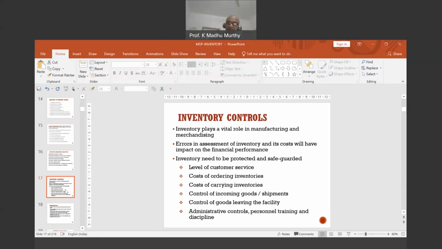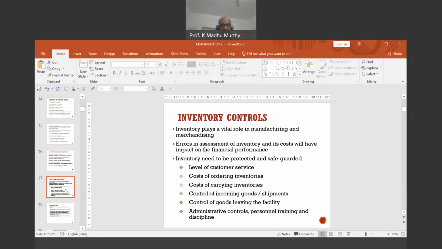And we need such inventory to maintain the level of customer service that we set ourselves, to minimize costs of ordering and costs of carrying, and also to have certain controls on the quantum of materials coming in and going out.